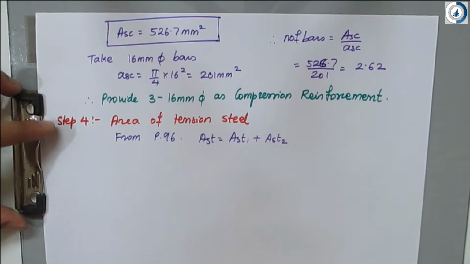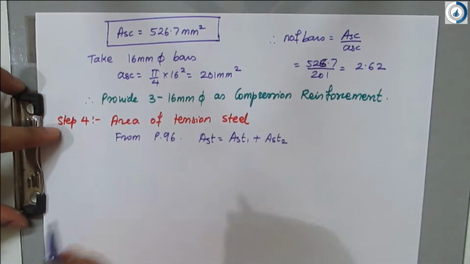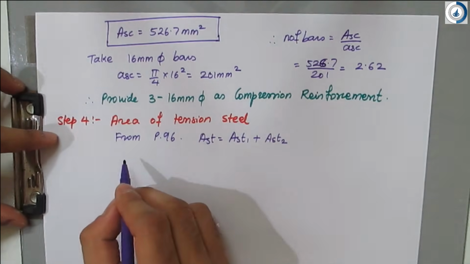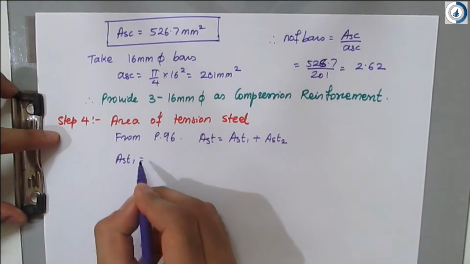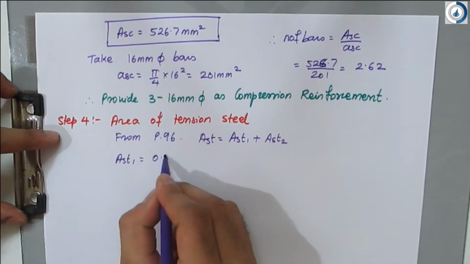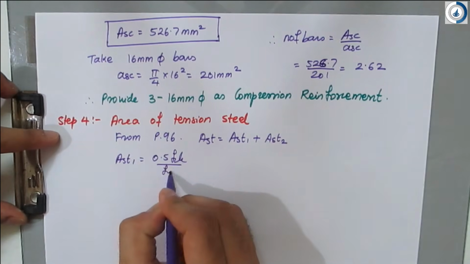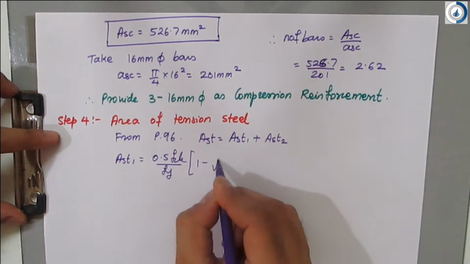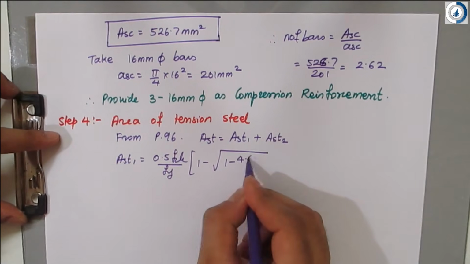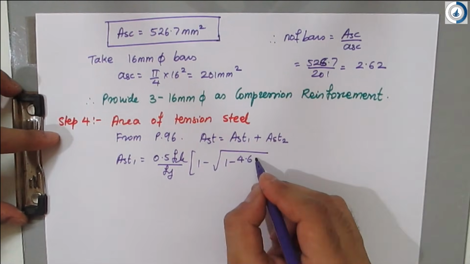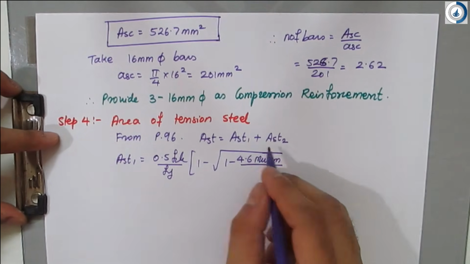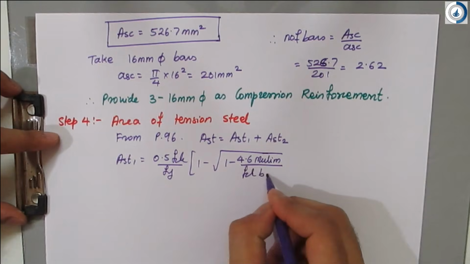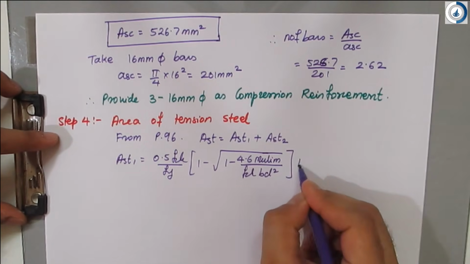Coming back to the singly reinforced beam video, we had one formula: AST1 equals 0.5 FCK by Fy into 1 minus root of 1 minus 4.6 Mu limit divided by FCK BD square, into BD.